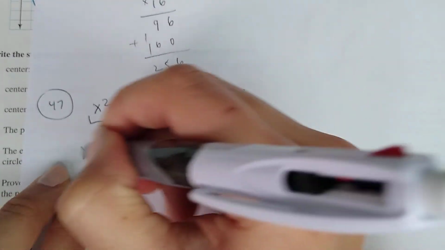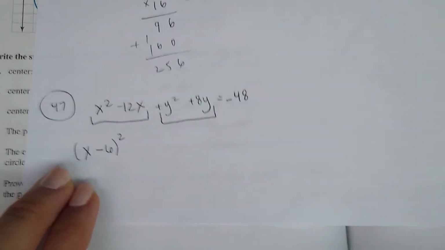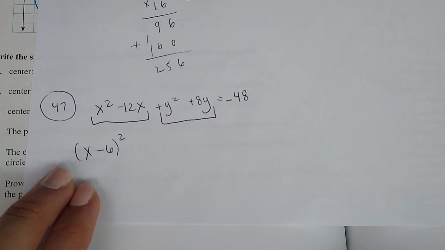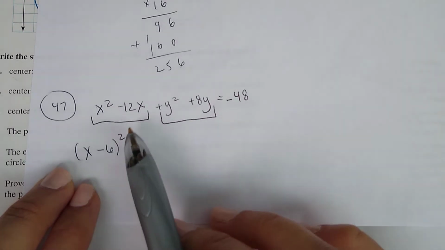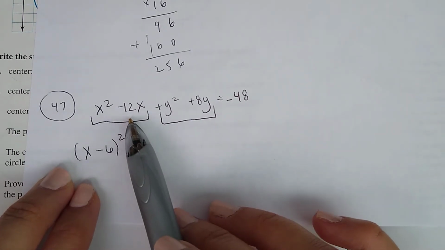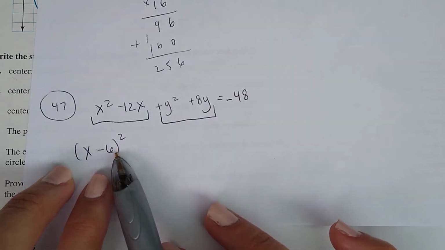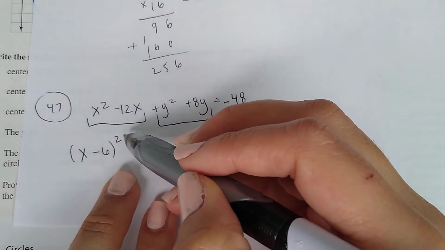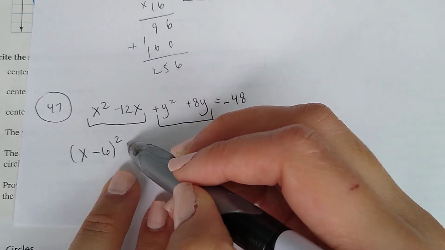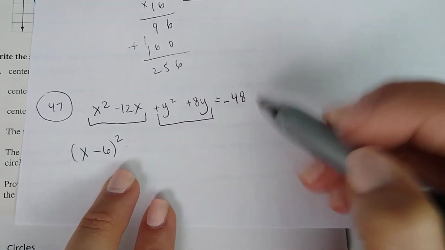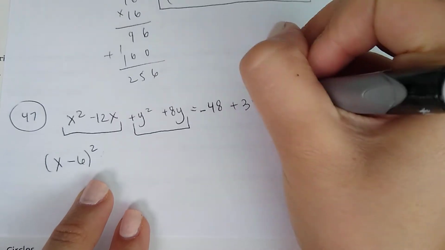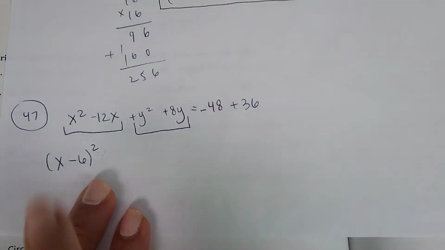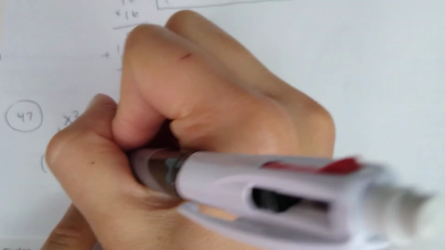Half of that is 6. And then square it. 6 squared is 36. Now if I'm technically adding 36 here, I need to go ahead and add 36 to the right hand side just to make sure that I'm balancing the equation.